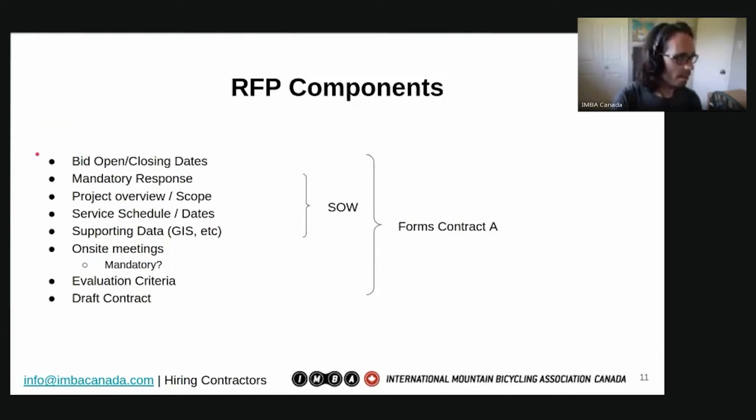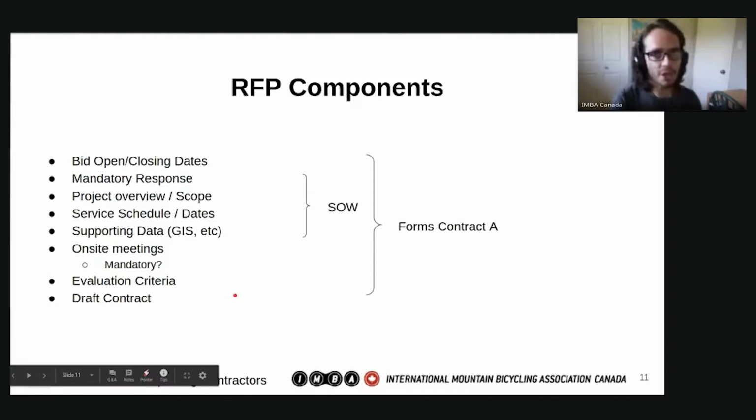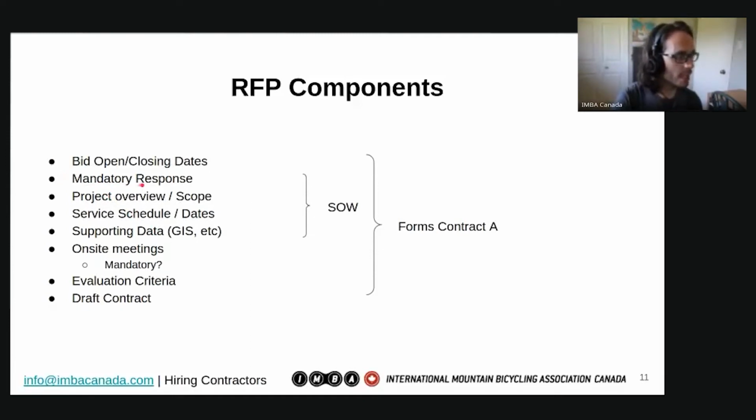RFPs are made up of generally these components here, and depending on the contract, it can vary greatly. So bid open and closing dates, what it is that the contractor must include in order to be what's called responsive. So a responsive bid is one that meets those mandatory criteria. Non-responsive bids must be excluded.